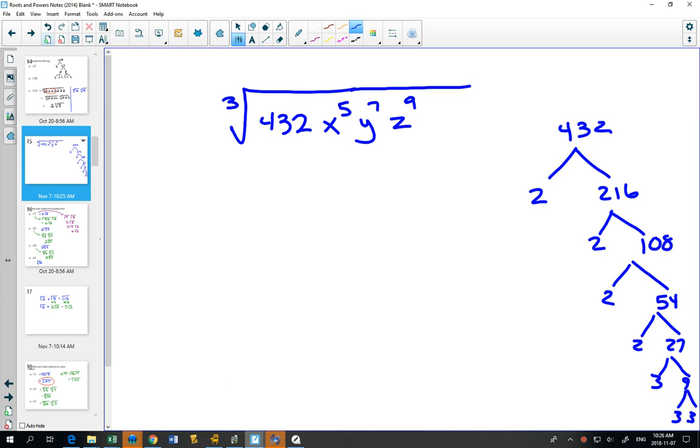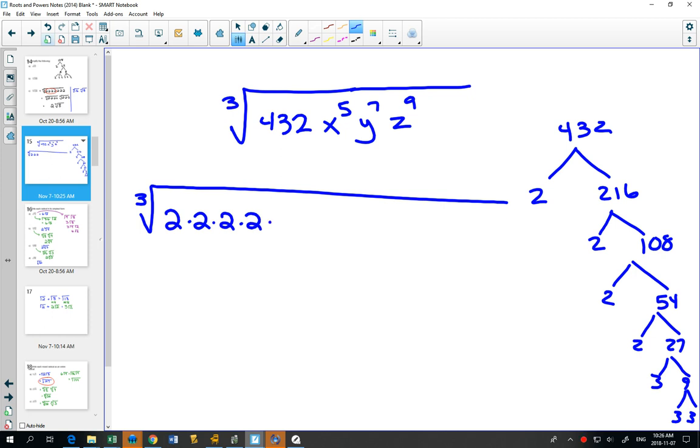Whew. So I have the cube root of, if I wrote 432 as its prime factorization, can you see that you have 2 times 2 times 2 times 2 times 3 times 3 times 3? Okay?